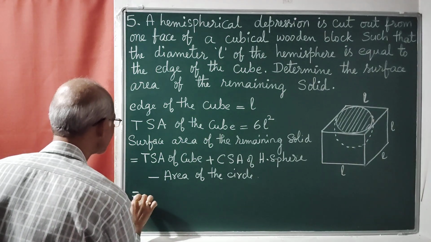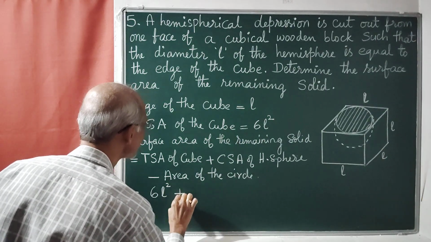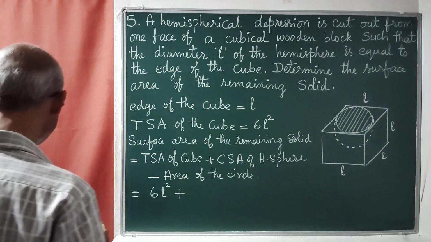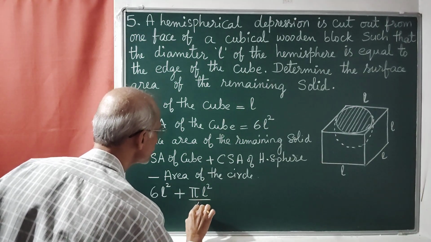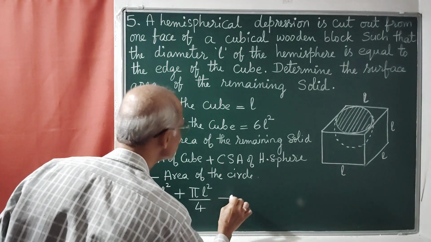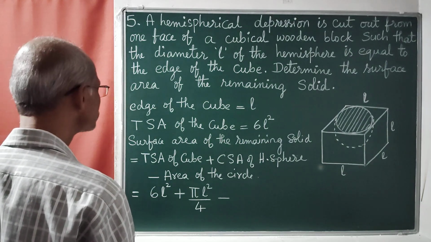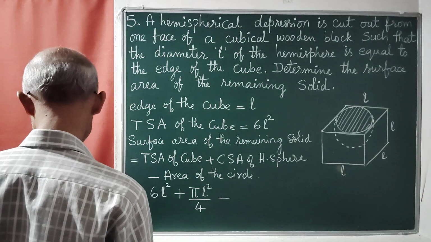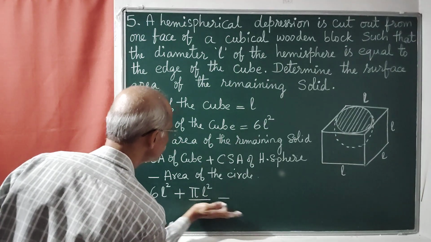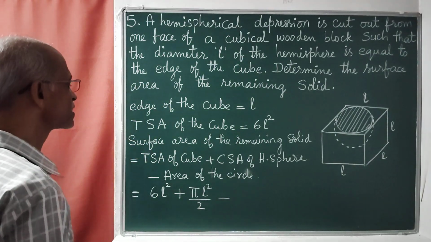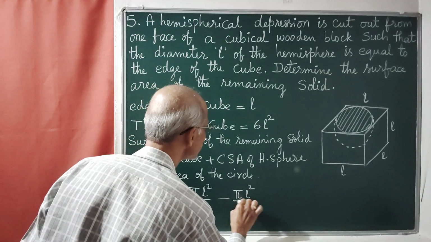That's equal to TSA of the cube, 6L square, plus CSA of the hemisphere, pi L square by 2, minus area of the circle, that is pi L square by 4.